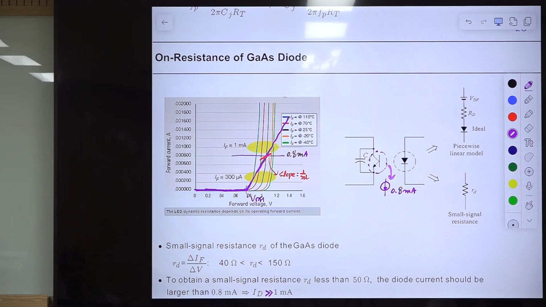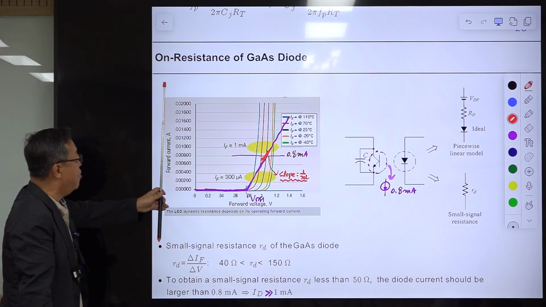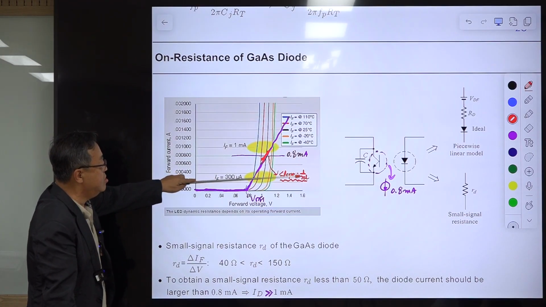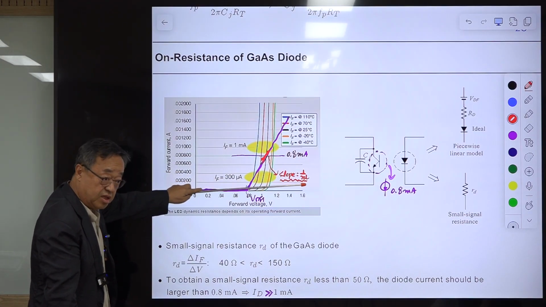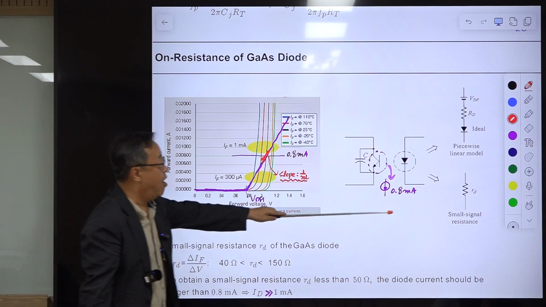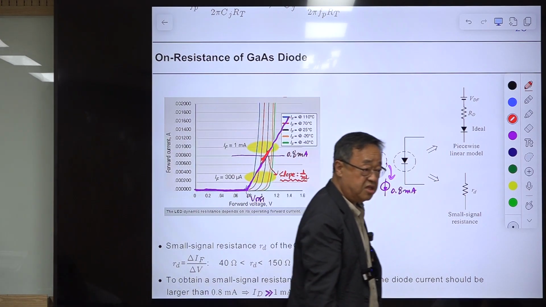This red curve is the slope. The curve is something like this, okay? Very similar to this, all right? The slope has dimension of conductance, which is 1 over resistance RD. So RD is the small signal resistance.